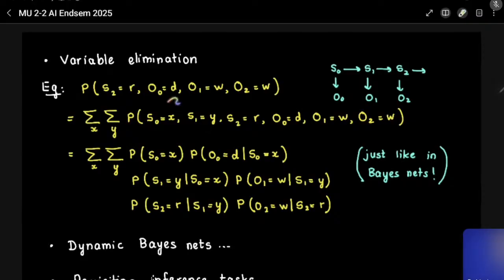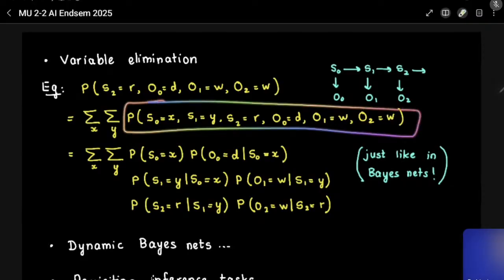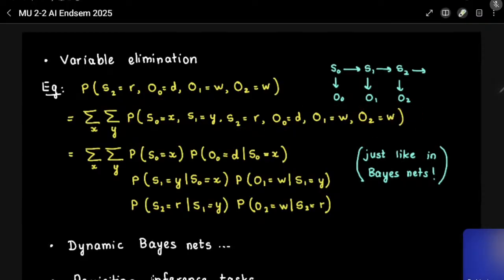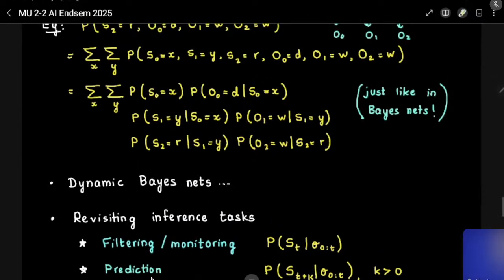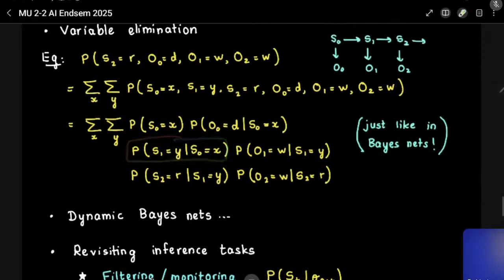So now that you have this, now you can use your Bayesian network formula. Now you can split it simply. So probability of S0, you can write it because it has no dependencies. And when you write probability of S1, S1 is dependent on S0, so probability of S1 given S0.